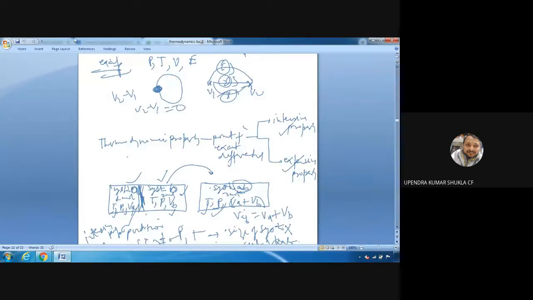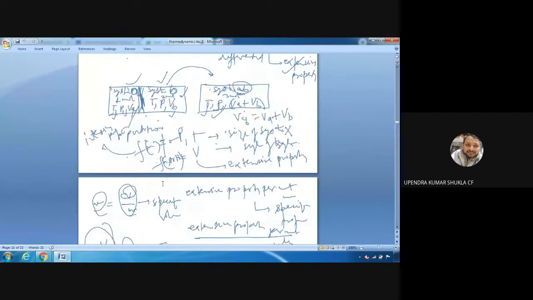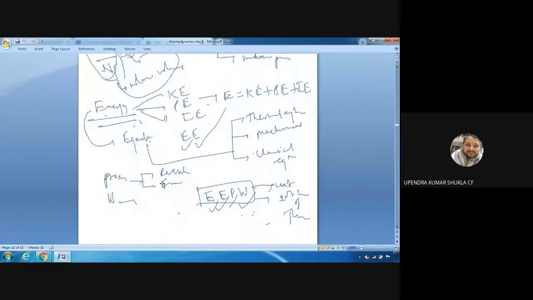Now, if something is a property, then you have to think of property means point function, right? Means exact differential. Now, intensive property and extensive property, and I talked about intensive and extensive property in detail, and then we talked about energy: kinetic energy, potential energy, and internal energy.